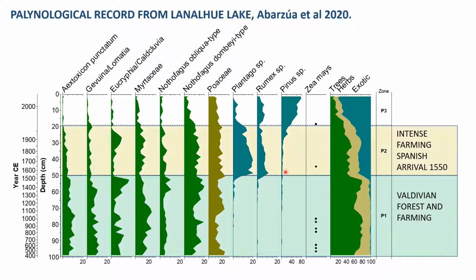The second zone starts with the Spanish arrival by the 16th century, and we observe the dramatic decline of arboreal elements and the expansion of exotic plants like Plantago, Rumex, and the persistence of Poaceae species, which are evidence of intensive farming by the settlers who introduced wheat and barley crops in the region.